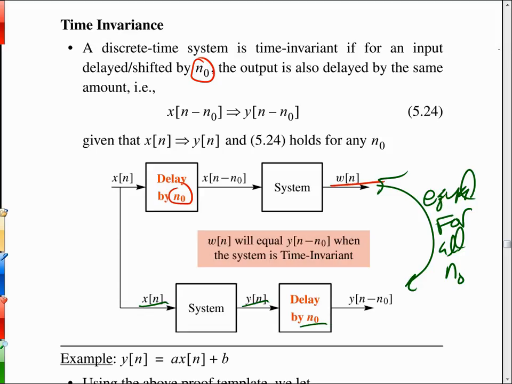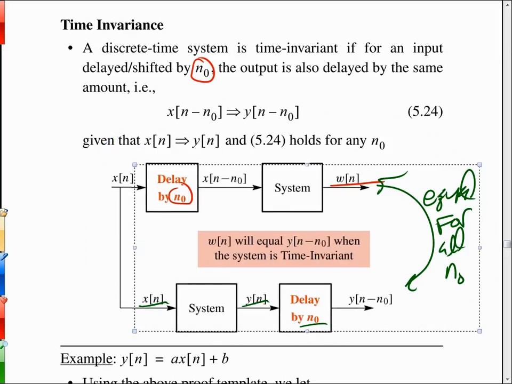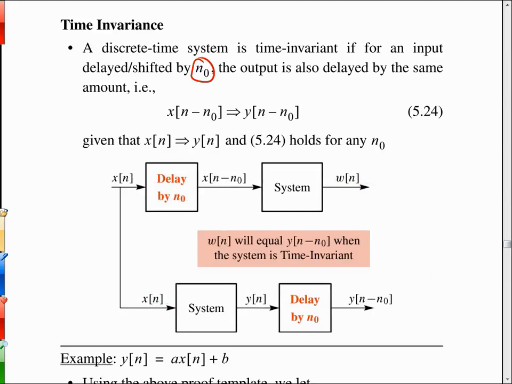So the way this figure was set up, clear off the crud, put down a new layer. If we delay the input by n naught, we get some output w of n. That's for the delayed input. And then we compare that to the input coming in at the present time, undelayed, and that produces our ordinary output y of n.